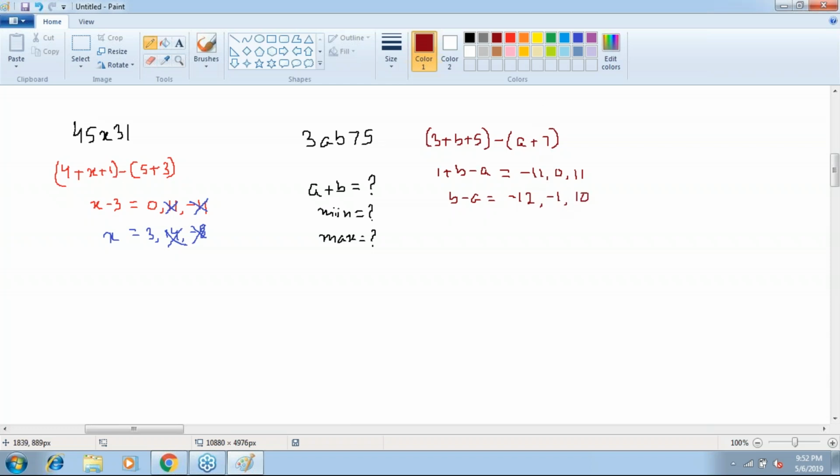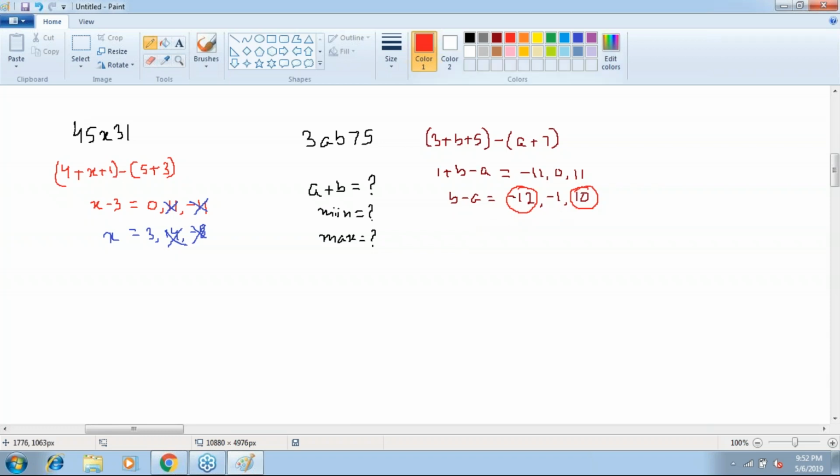Out of these three possibilities, minus 12 is out of question because difference between two positive digits cannot be minus 12, neither 10. Yes, it could be minus 1.